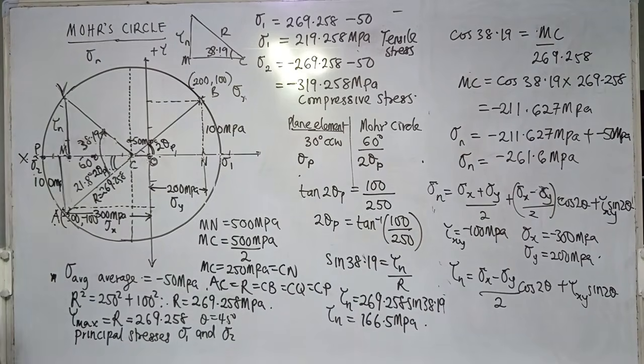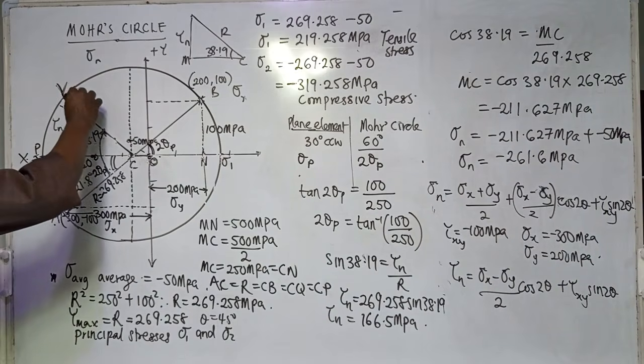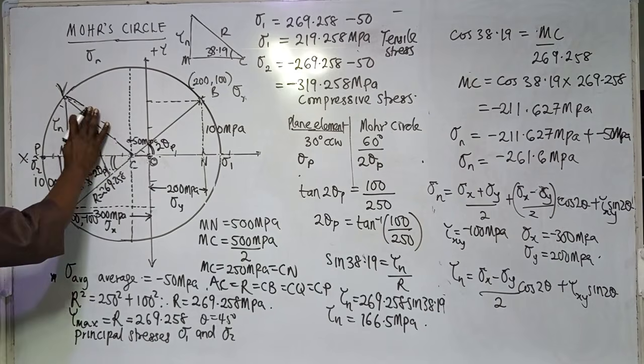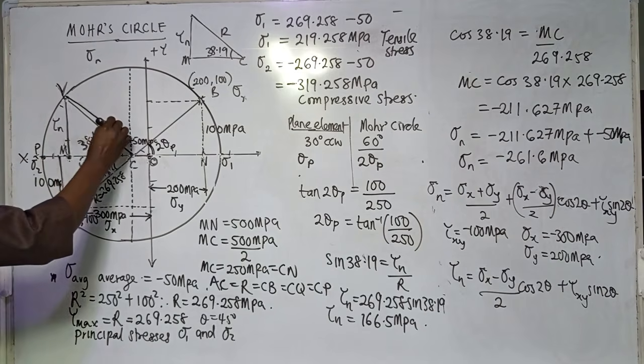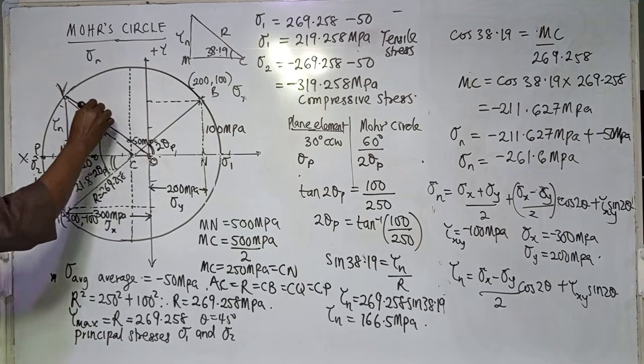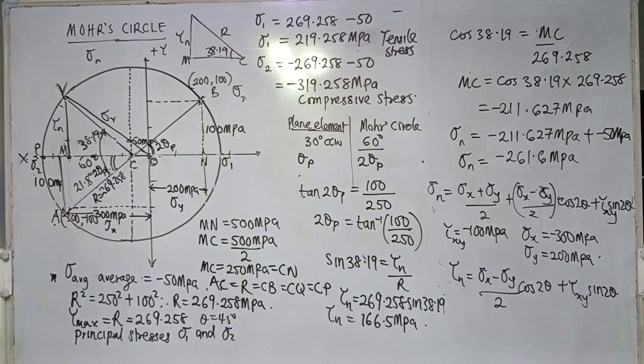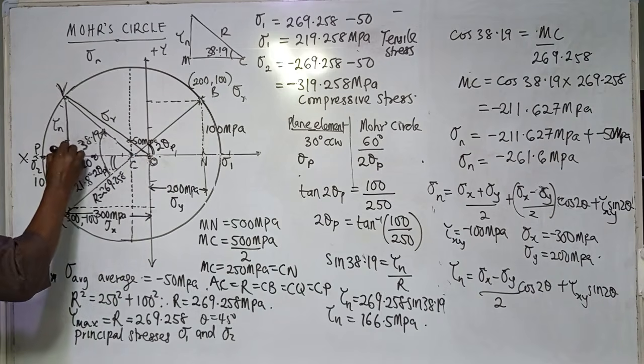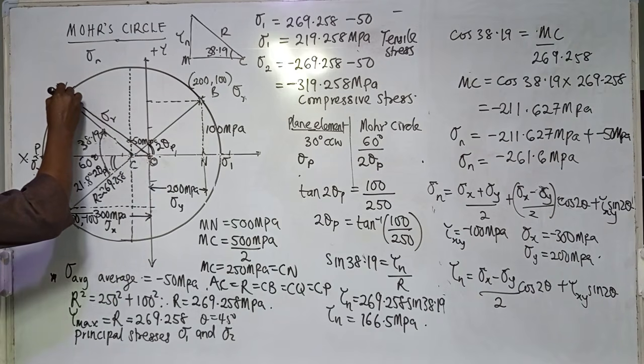You understand me? Now, if I want to calculate the resultant stress, I will have to draw it like this. I will trace this to the origin. From here to this place is the normal stress, and from here to here is our shear stress.